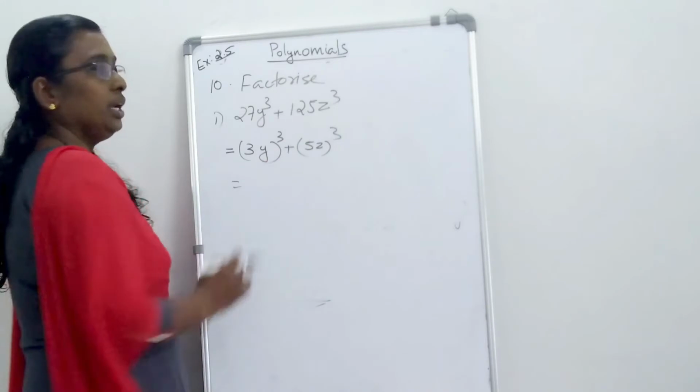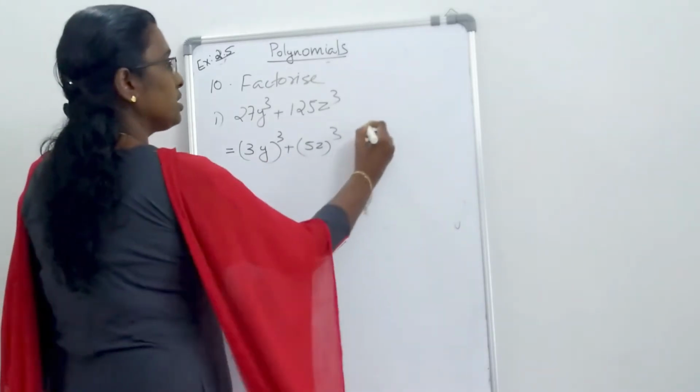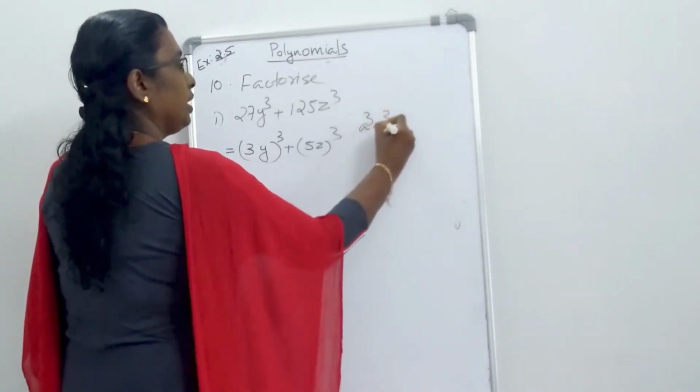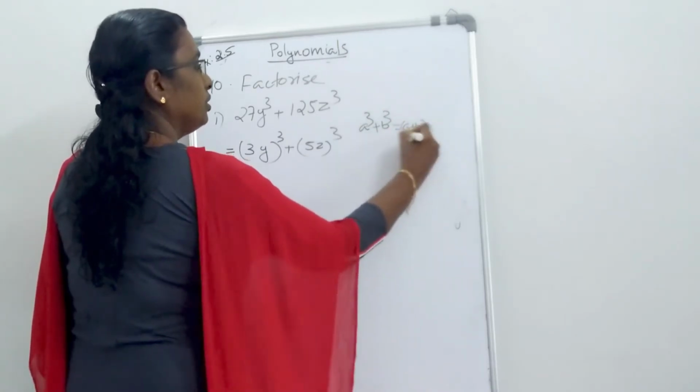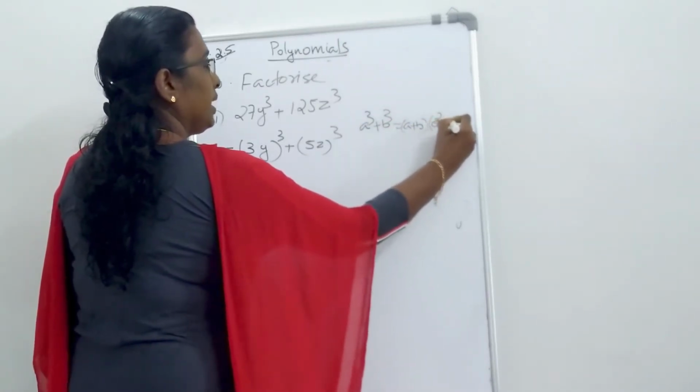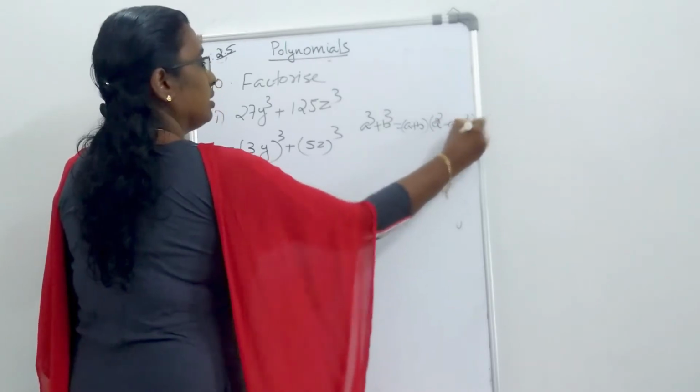This is similar to a cube plus b cube. You know what is a cube plus b cube? a plus b into a square minus ab plus b square.